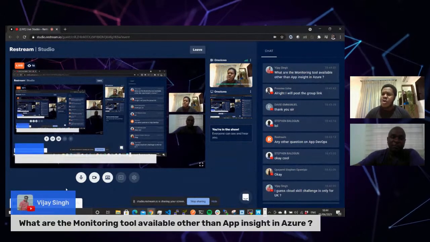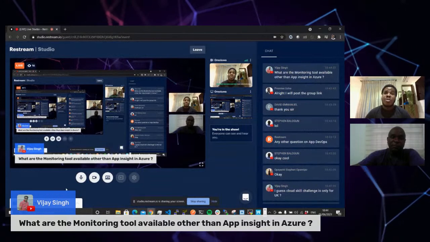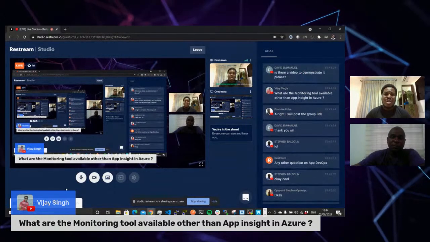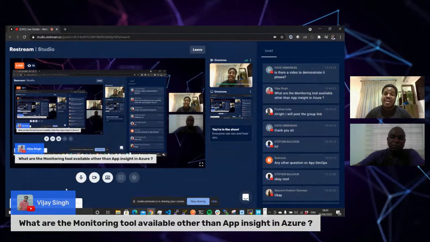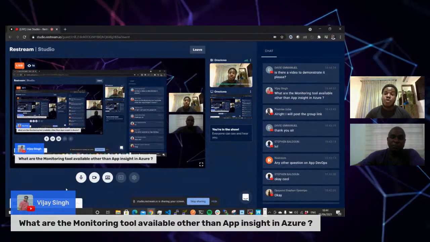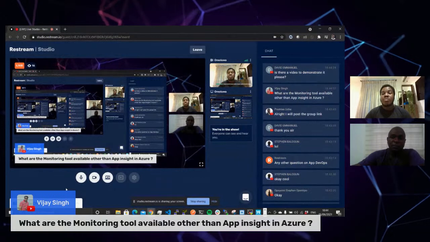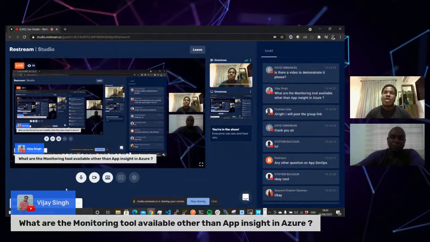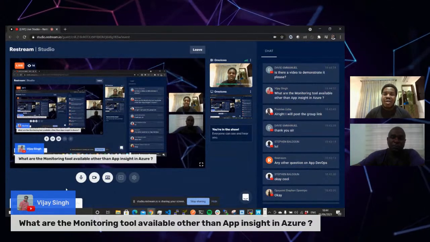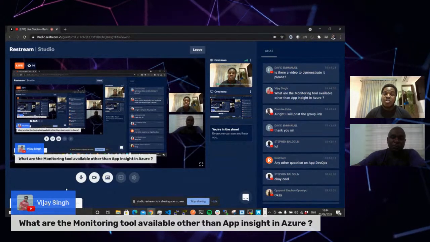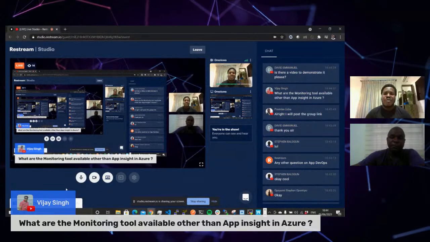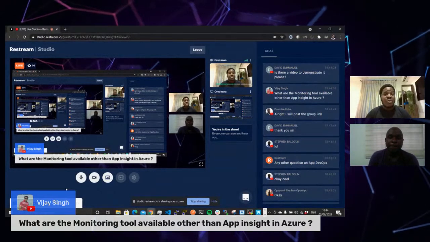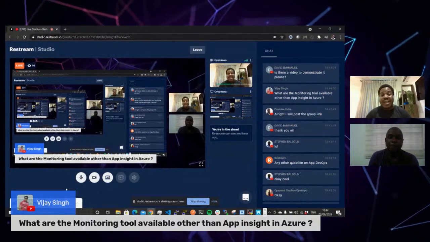Azure Monitor gives you a full overview of most of those services. Although I don't think it's a dedicated monitoring tool for Azure DevOps, for pipeline monitoring and things like that, you can use anything from ELK to Datadog to New Relic.